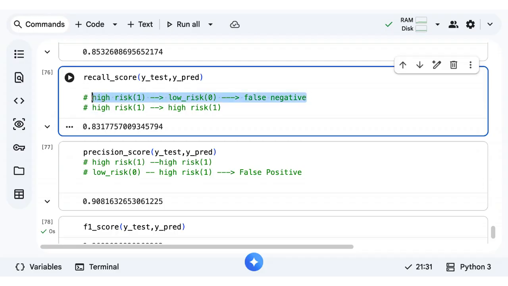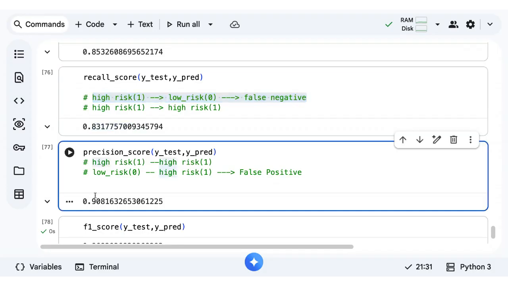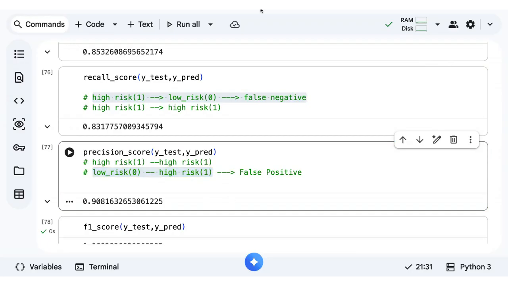This has to be reduced. If this is reduced, recall will increase. In this case, low risk patients predicted as high risk, but still manageable, no? Because anyhow, low risk people classified as high risk will be a little cautious of their health and become aware of how to control it in the future.